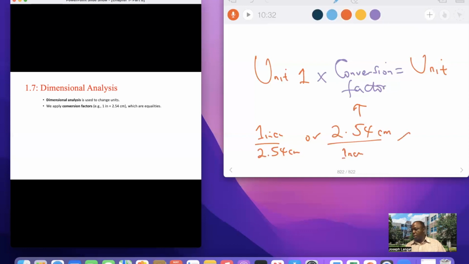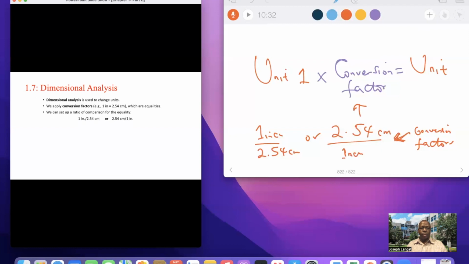These are what we call conversion factors. So you can derive conversion factors from the key equivalent statement.